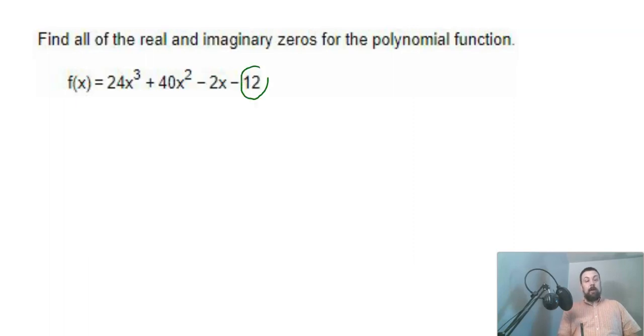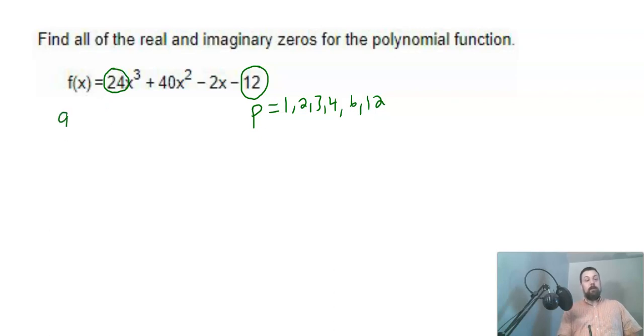The values for p come from the constant term. P has to be a factor of the constant. In this case, the constant is 12, and so the factors of 12 are 1, 2, 3, 4, 6, and 12. Q has to be a factor of the leading coefficient.